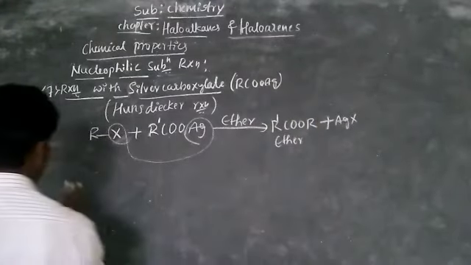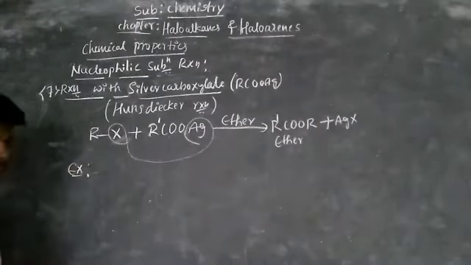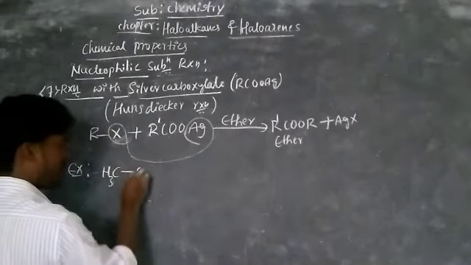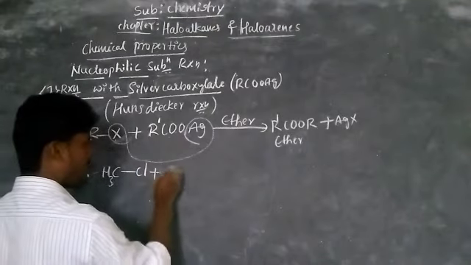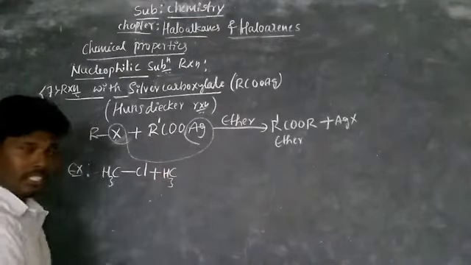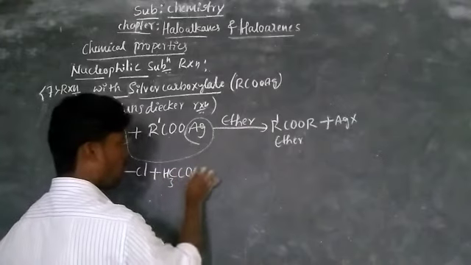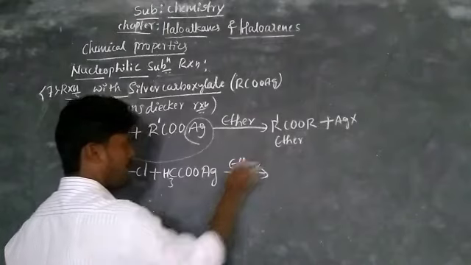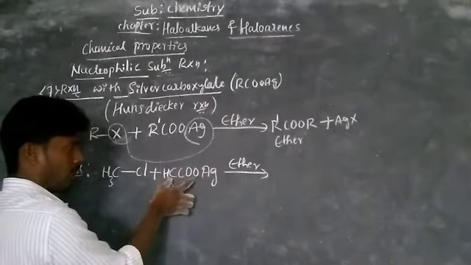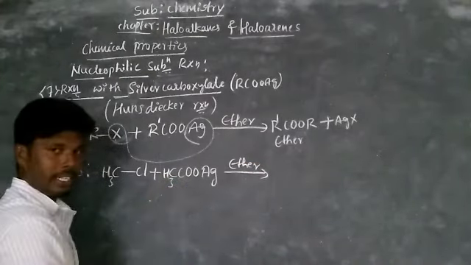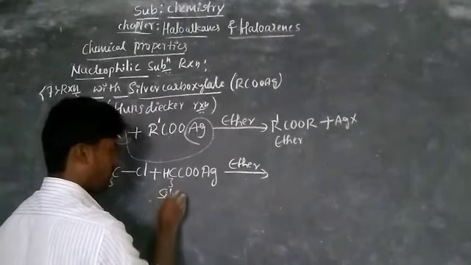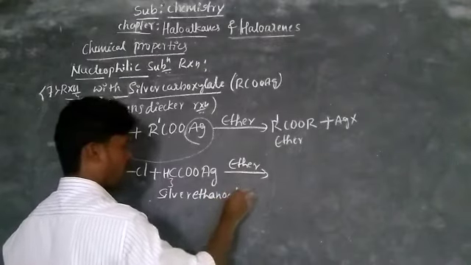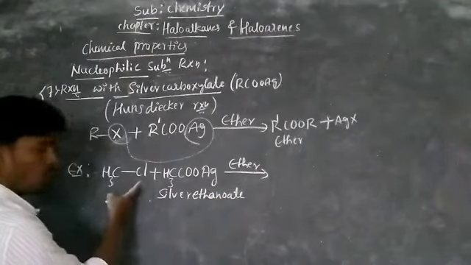Now take an example. In place of RX, CH3Cl, plus in place of R', CH3COOAg. What is the name? Silver ethanoate. And you know chloromethane.